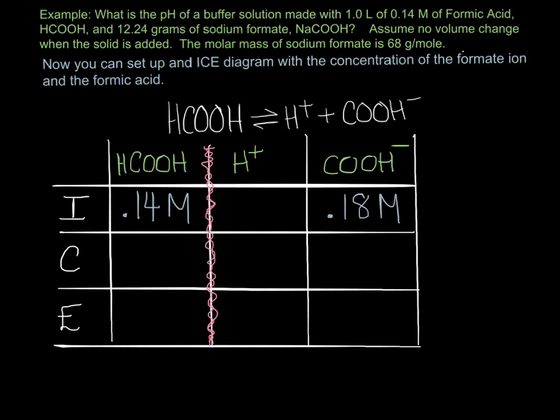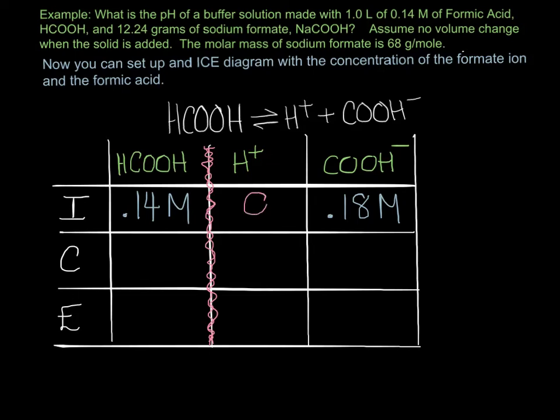Alright, so now that we know the molarity of the formate ion, I just carried that over from the previous page, and we know the concentration of the formic acid, we can now set up an ICE diagram that allows us to figure out what the concentration of hydrogen will be at equilibrium. So I filled in the values we know.